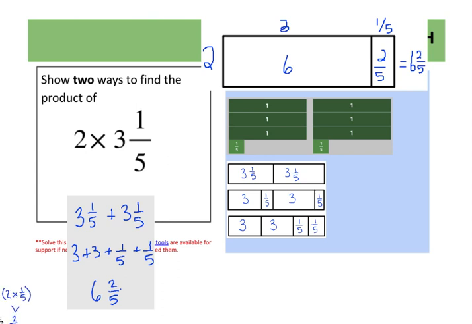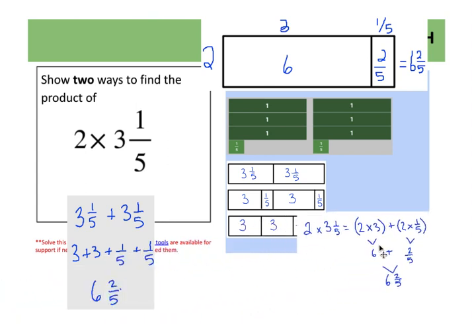And lastly, you might see some students use the distributive property, where they multiply the 2 and the whole number, and then the 2 and the 1/5, and break it down like this. So these are different examples that you might get.